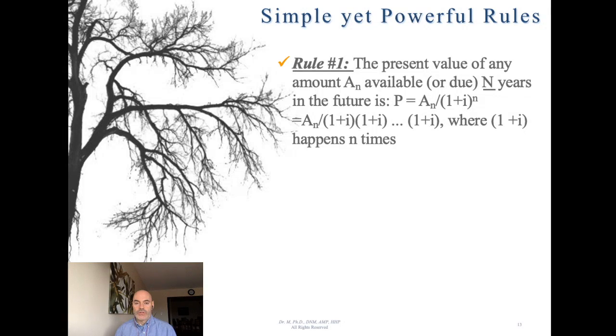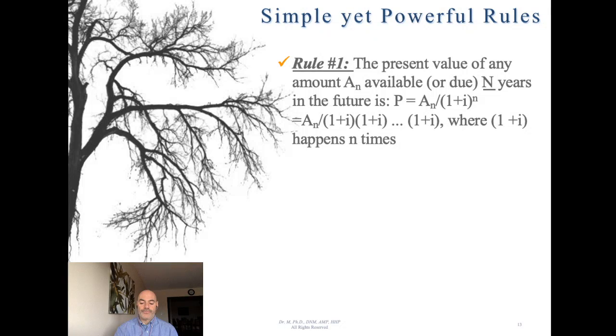And amount two is available 2 years from now. What is the package? If you now want to calculate the package of both amounts combined, worth at present time, or simply stated, worth now, the answer lies in a series of simple rules.